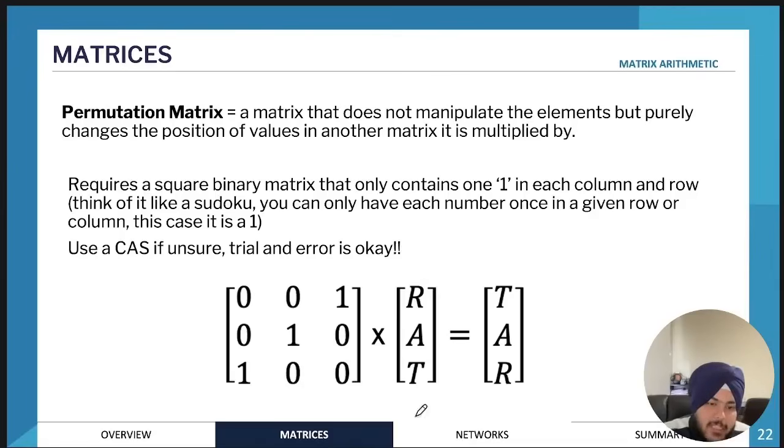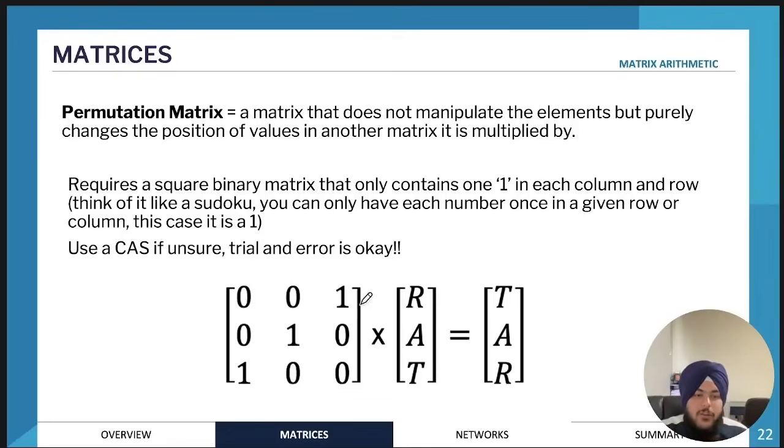For example, if we have in this matrix rat, and instead we want tar, in order to change that order using some form of matrix method, we would need to use a permutation matrix. And usually what VCAA likes to assess in terms of this topic is they will give you a matrix and they will ask you to find the permutation matrix that will take you to the new matrix, or whatever they asked you to find.